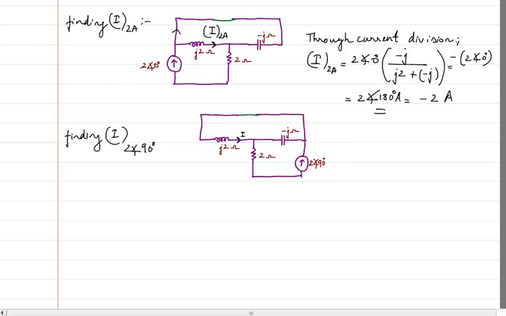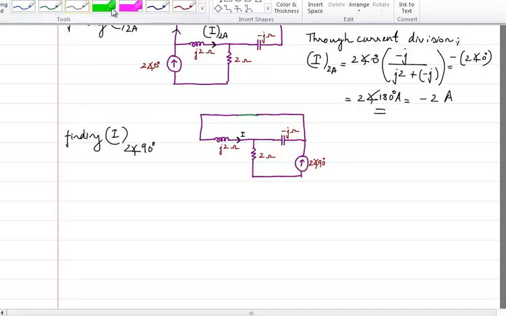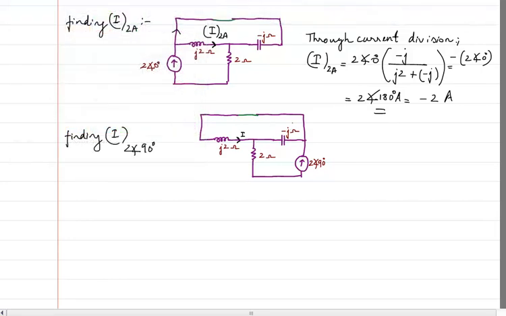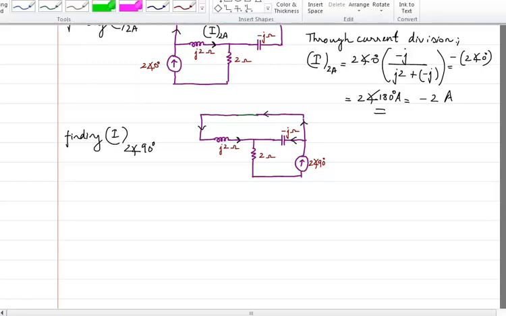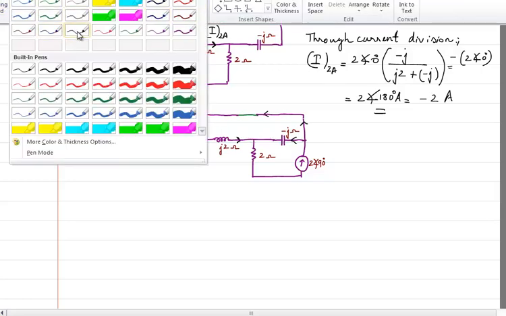So I can draw, now I will prefer to draw it like this, that this current, one is passing through this and the second is going through this, and the same is coming around. So this is going to be my I2 angle 90 degrees. Let me draw it a little bit more neatly, because otherwise it's looking okay.